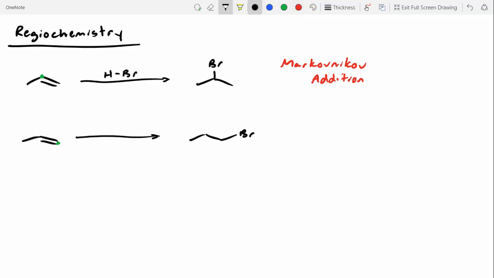And this was really, really frustrating for him. And he bought hydrobromic acid from a variety of different suppliers to try to figure out maybe it was an impurity in the hydrobromic acid that was causing different regiochemistry, and he was correct in that.